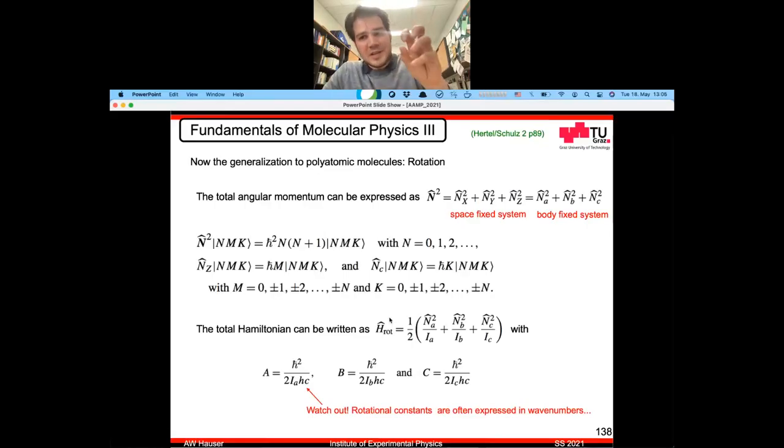We will absorb this into the so-called rotational constant. So I'm just writing this prefactor that appears.